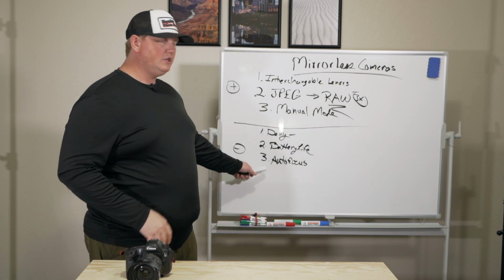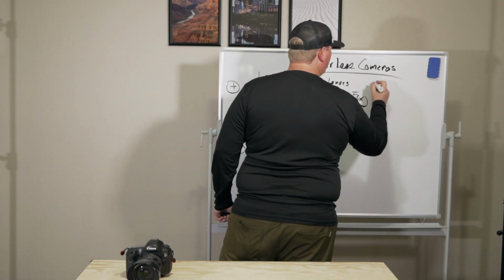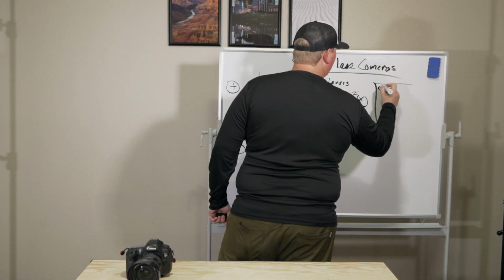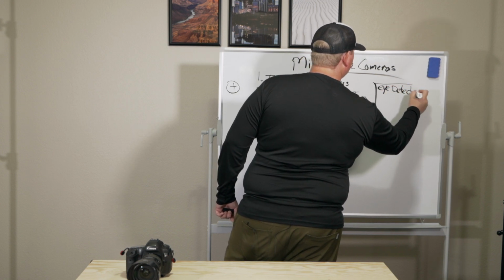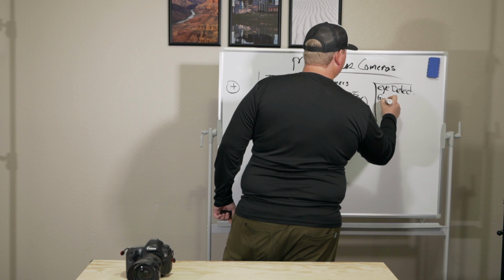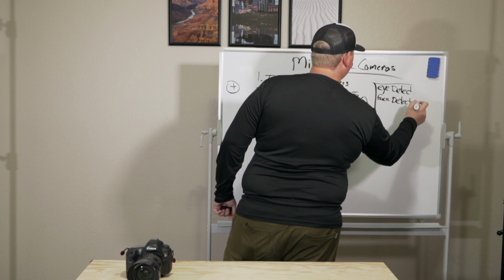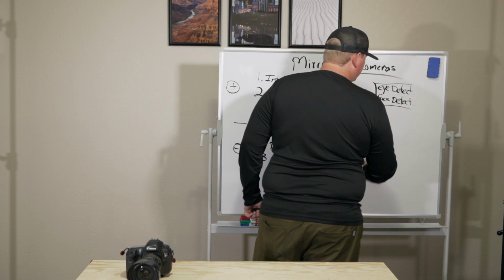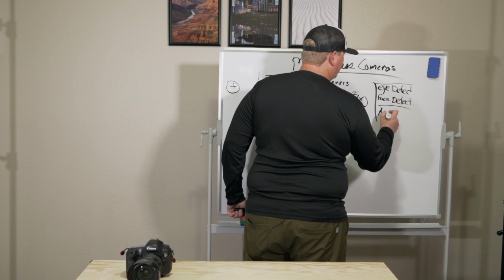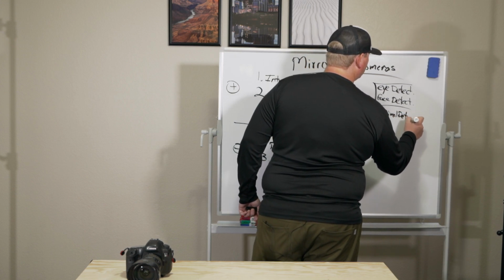There are some really cool things that autofocus does. We'll put them over here, but we've got eye detection and face detection, and some of these cameras, not all of them, even have animal detection.